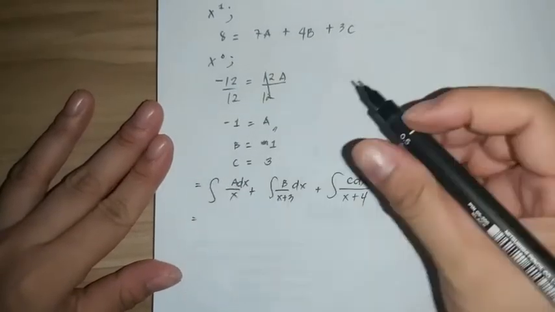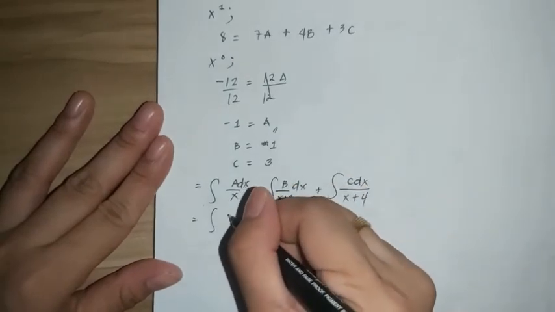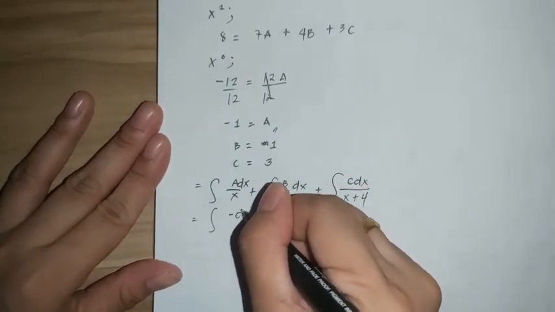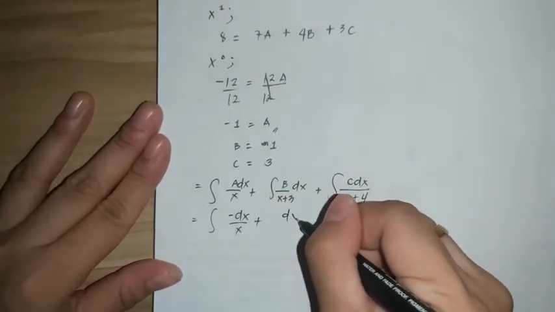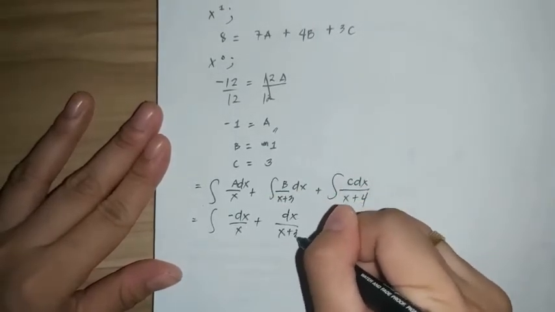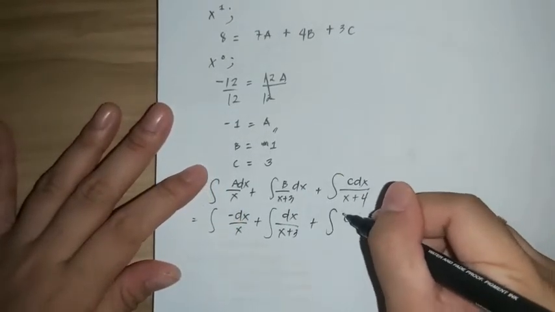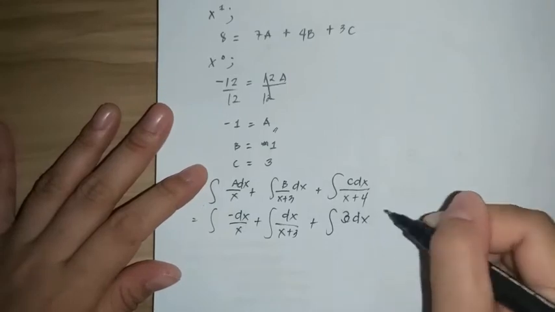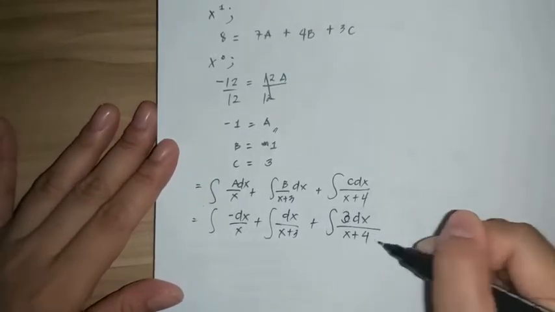So, we already have the value of a, b, c. So, we have negative 1. This is negative dx all over x plus dx all over x plus 3, because this is still 1, plus 3 dx, right, all over x plus 4.